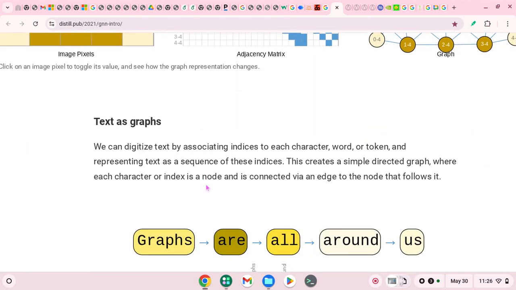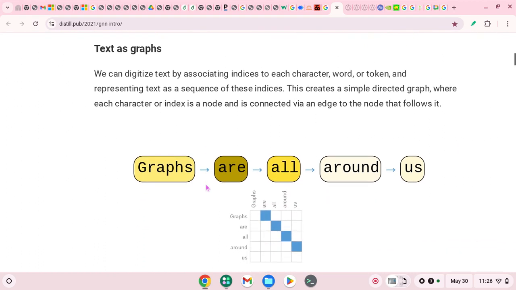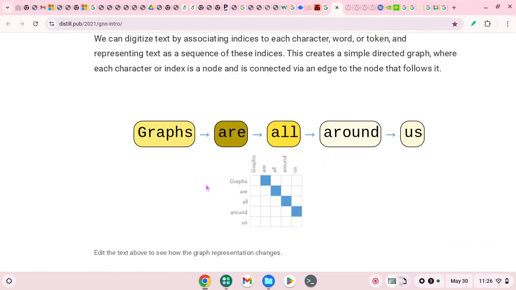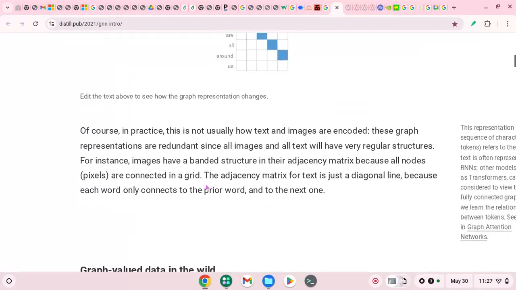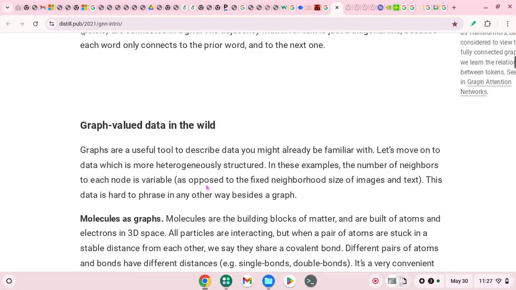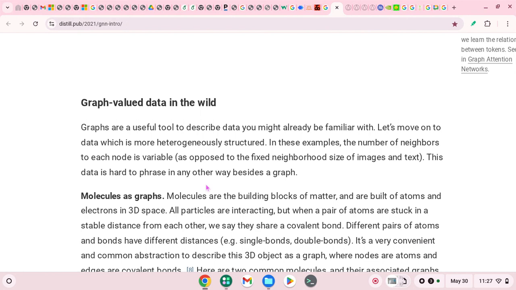Similarly, text also can be represented as a graph where there is sequential information. It's more structured, sparse, and a diagonal adjacency matrix. And in practice, there are many other things that can be represented as a graph.